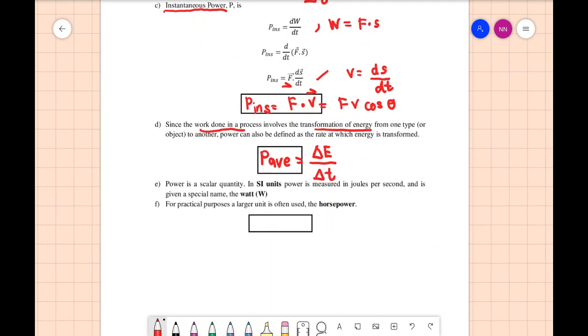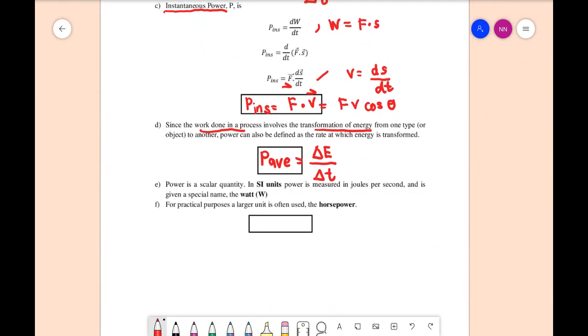Power is a scalar quantity. It only has magnitude but has no direction. In SI unit, power is measured in joules per second, and is given a special name, which is watt, W. So you may use joule per second or watt as the unit for power; both can be used.